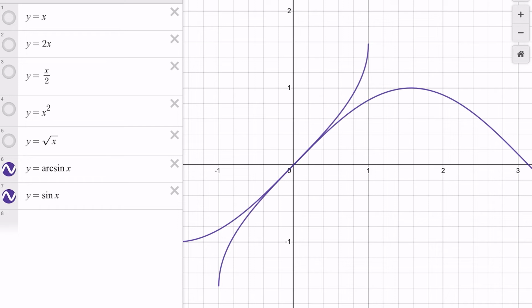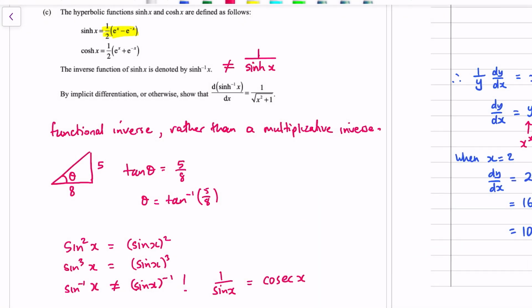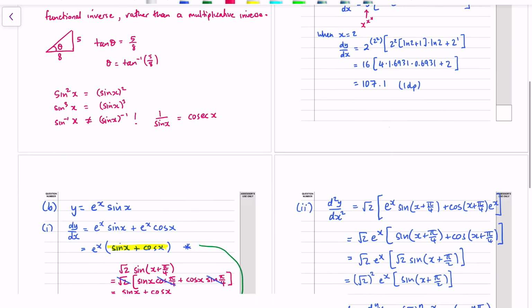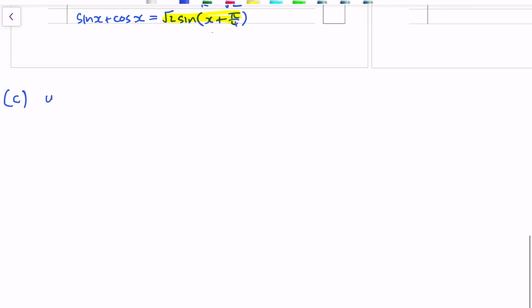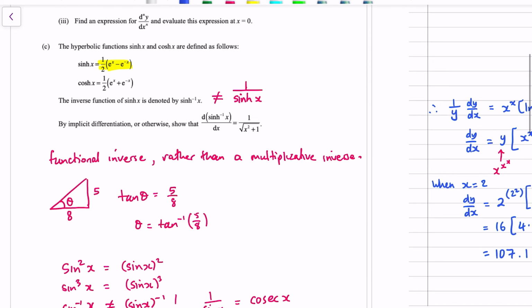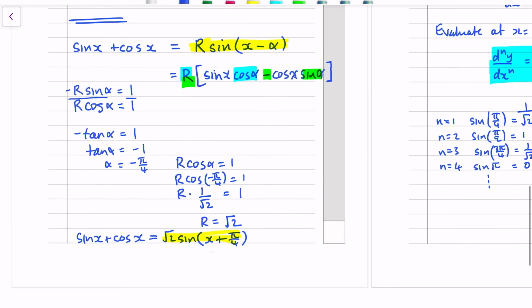So with that knowledge in mind, if we look at finding the inverse hyperbolic function of sine differentiated, I've got y equals the hyperbolic sine of x. Now we're told in the question that the hyperbolic sine of x is a half e to the x minus e to the minus x.